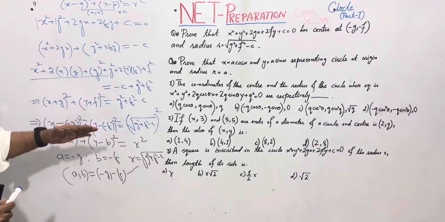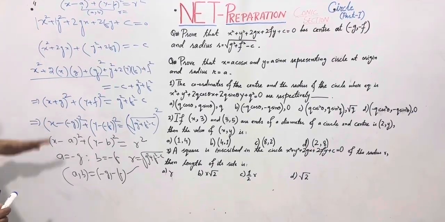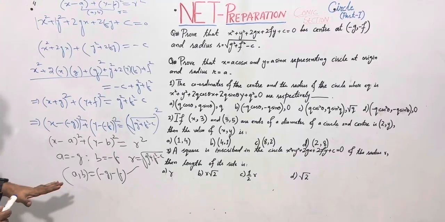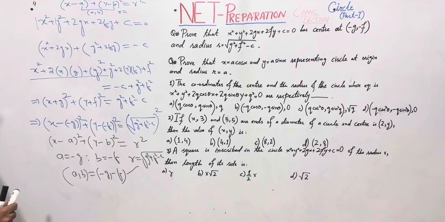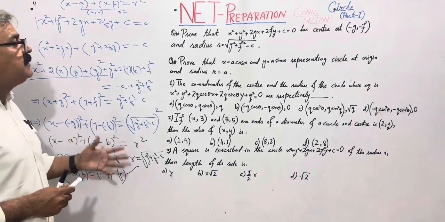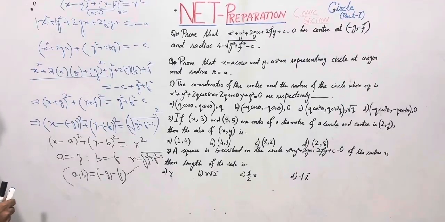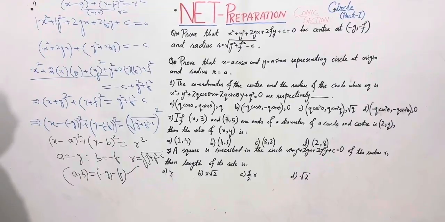Now you have a fair idea of the background of where g, f and c come from and what their nature is. You are now in a position, mathematically and conceptually, with clarity, to apply these concepts to find the center and radius: the center is (negative g, negative f) and the radius is given by the square root of g square plus f square minus c.